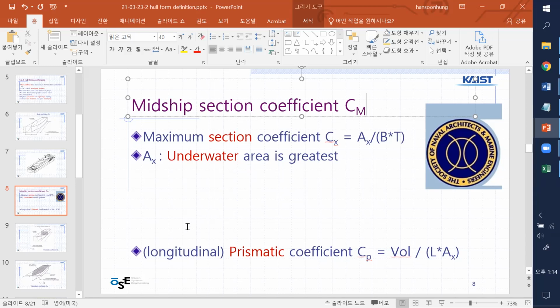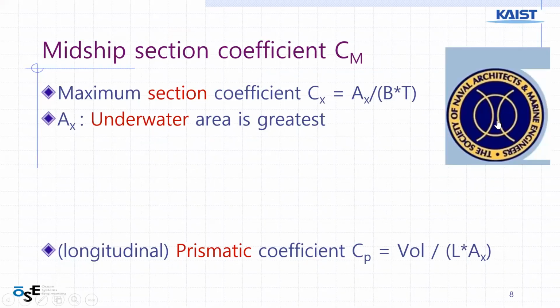Another coefficient is called the prismatic coefficient, or the longitudinal prismatic coefficient. There is length and maximum area, and then volume is divided. On the right-hand side here, you see a mark representing the symbol for midsection.